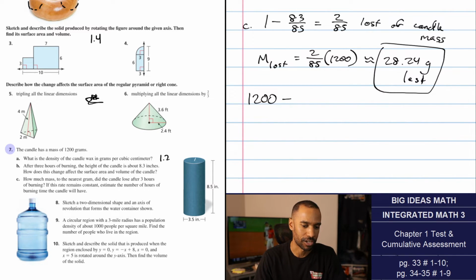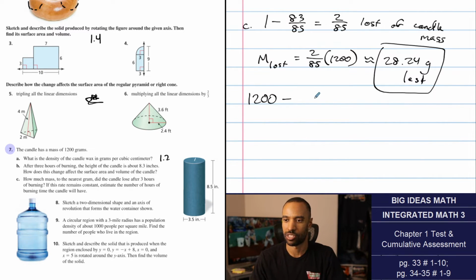I'm going to write that as a fraction because I don't want it to stay like that. What's the fraction equivalent? Hold on. 2/85ths of 1200 as a fraction is 480 over 17.